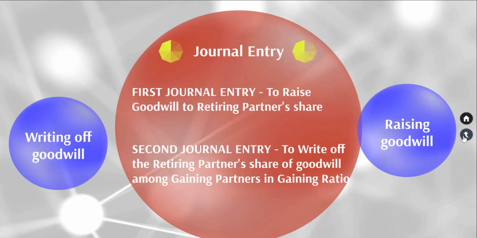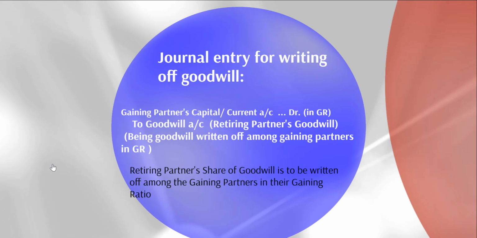So we've raised goodwill to retiring partner's share. We will write it off among the gaining partners in their gaining ratio. So we will debit the gaining partner's capital or current account and credit goodwill account. Against the goodwill account, we will write the retiring partner's share of goodwill, and we will debit the gaining partners for this amount, which is divided between the gaining partners in their gaining ratio.